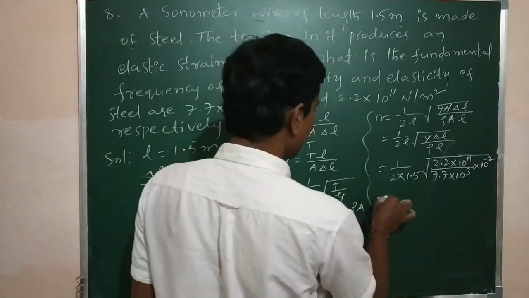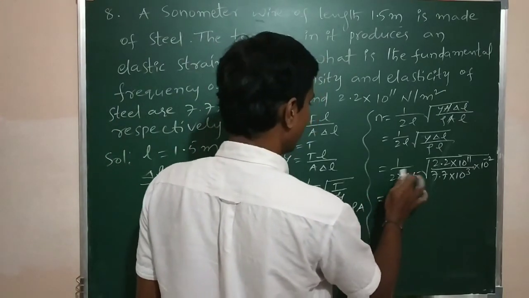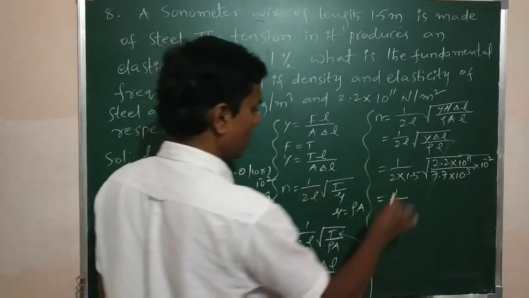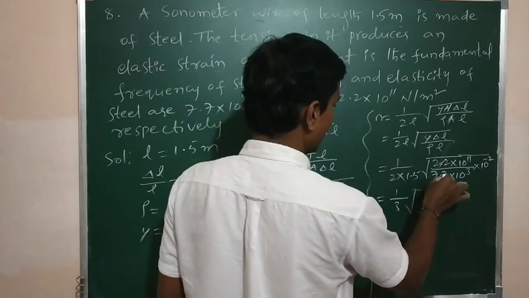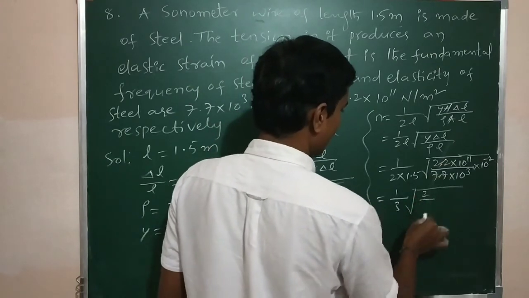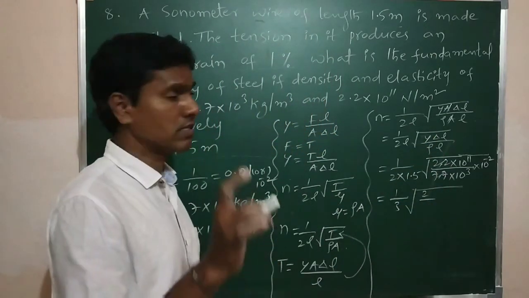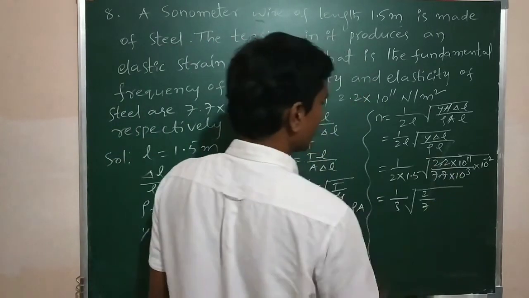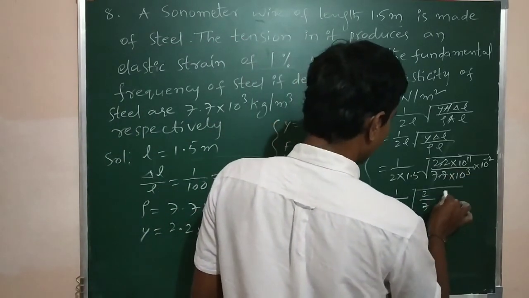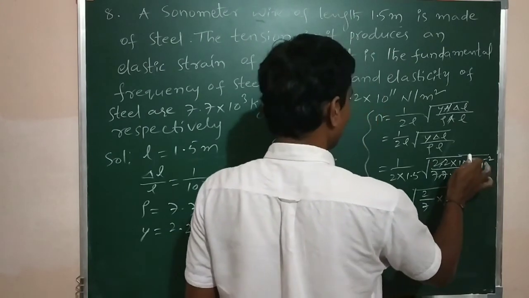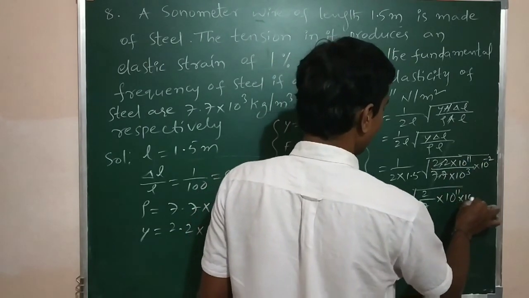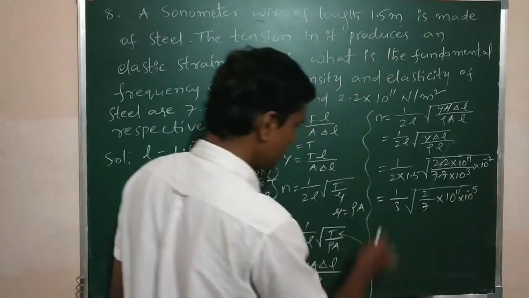Now that is equal to 1 by 15 into 3, the point gets cancelled, 11 into 11 sevens, 11 twos are 22, 11 sevens are 77. So 2 by 7 into 10 power 11, into 10 power minus 5.